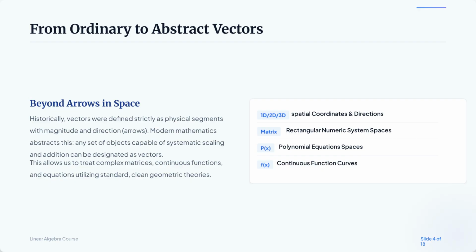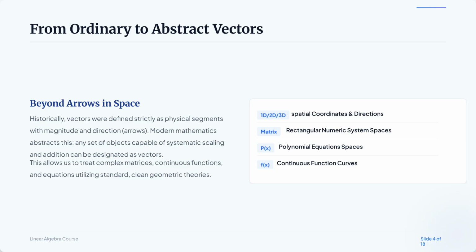While traditionally defined as arrows with magnitude and direction, modern mathematics abstracts vectors, meaning that the vectors you have studied in high school, that you think of as drawings, we don't have the same particular idea now.